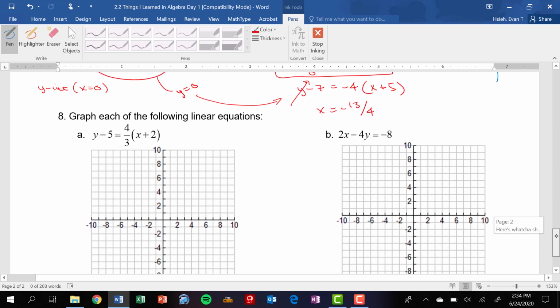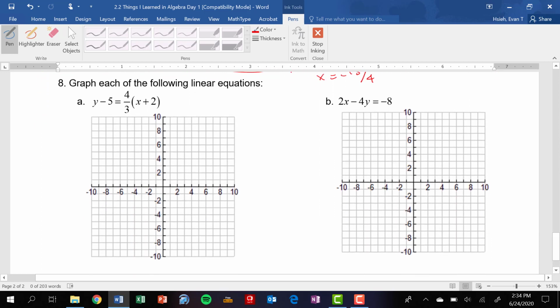Okay, a couple more quick concepts at the bottom here just to remind you how to graph equations of lines. If I'm given something like this, hopefully you notice that that is in point-slope form. The point that I can see here, the x value is going to be the opposite of this, so negative 2, and the y value would just be positive 5.